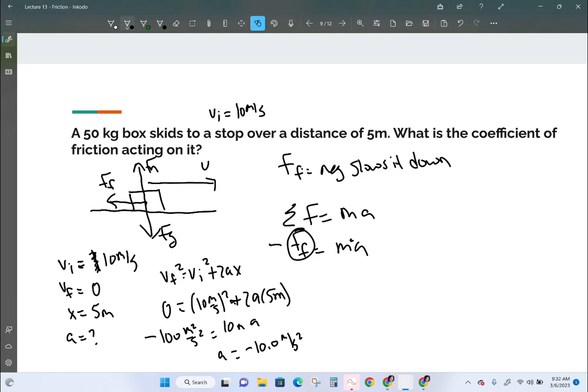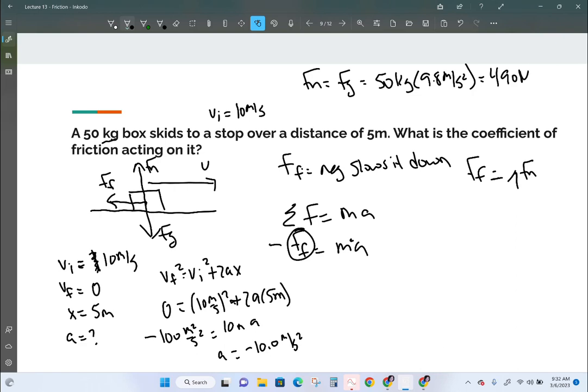Okay, so FF equals mu Fn. Well, Fn is equal to the weight. So Fn is equal to Fg. I've got 50 kilograms, so that's 50 kilograms times 9.8 meters per second squared, which is 490 newtons.